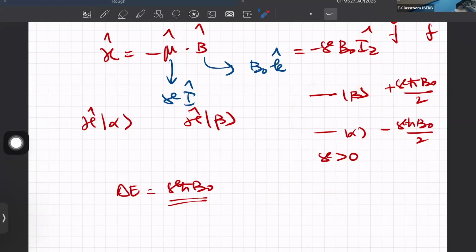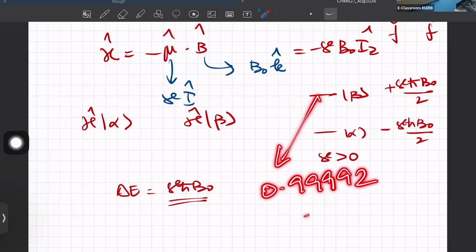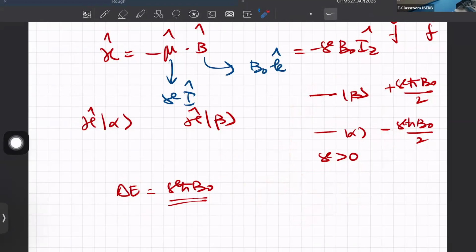And we learned that for a spin system, the population difference between the beta and the alpha state is rather small. It's more or less similar to each other. If I remember right, this was like 0.9992 or 492, I forget now. There's a small population excess that comes up in the alpha state or the beta state.